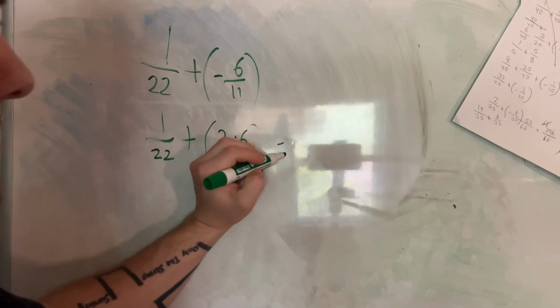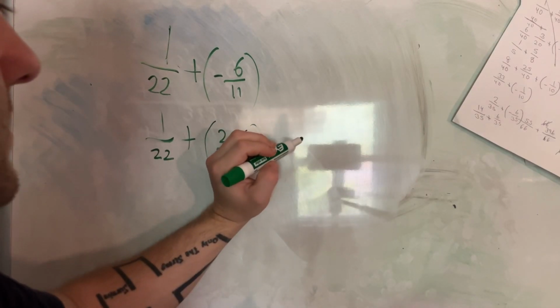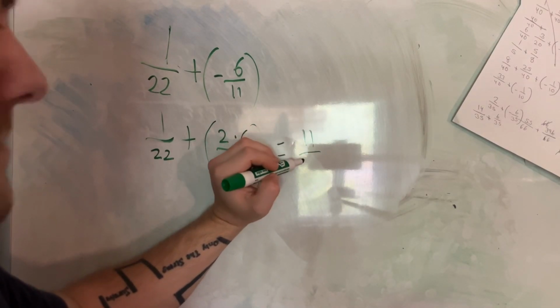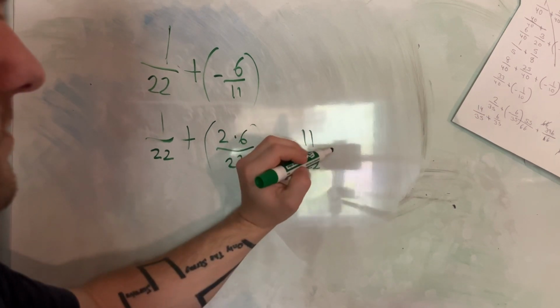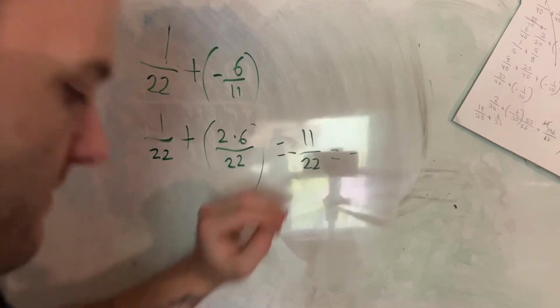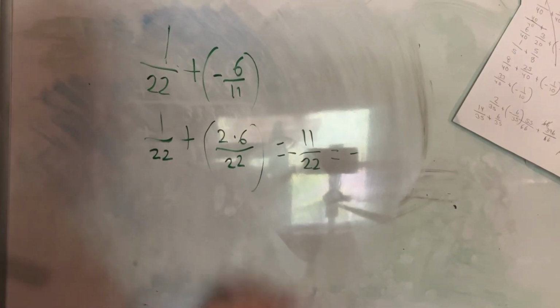So we just add 11 together twice to get that. And then this is going to equal 11 over 22, negative 11 over 22, which equals negative 1/2.